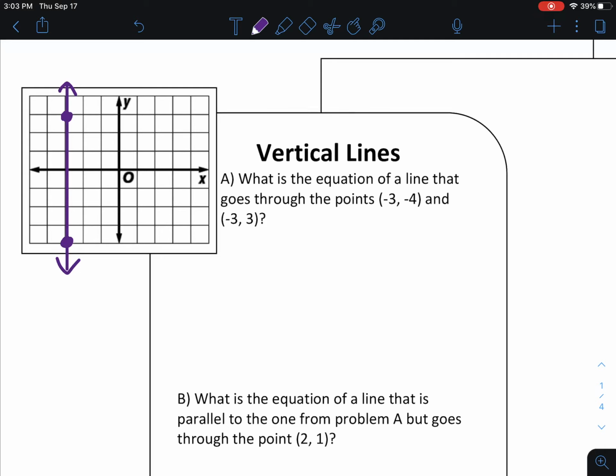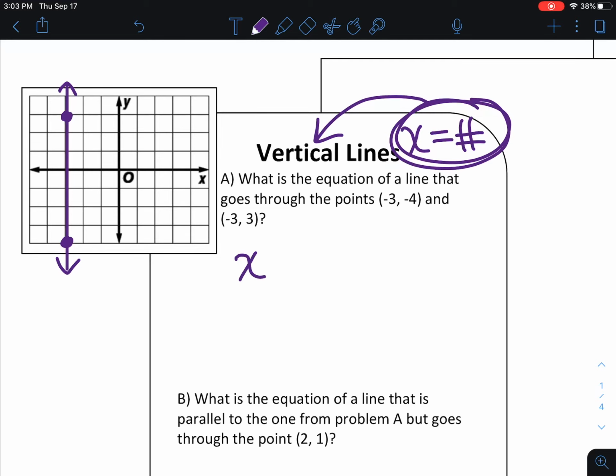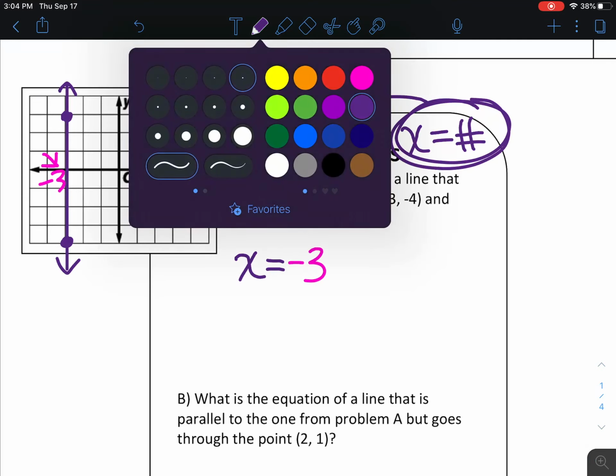Right away, I'm just gonna let you know, vertical lines have an equation that's gonna be x equals a number, okay? That's really all you need to know about that.